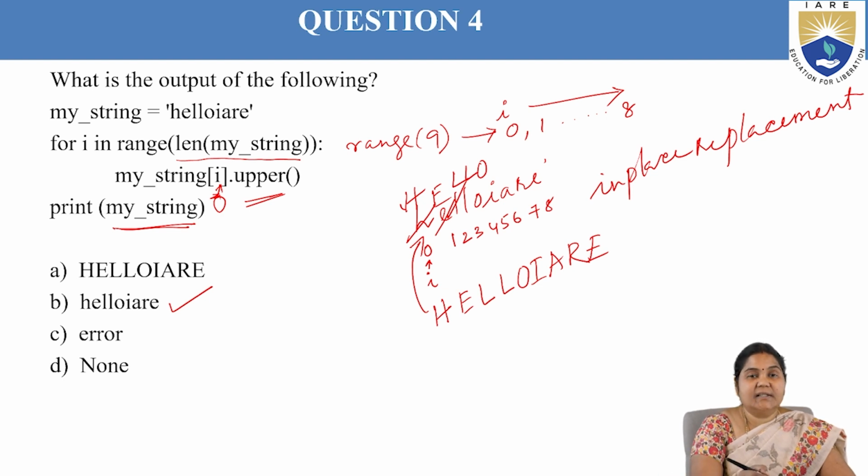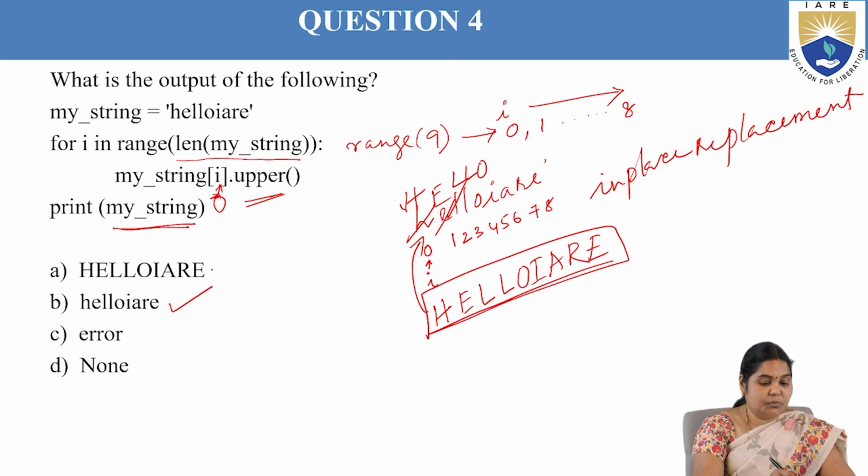So originally the string contained lowercase hello IARE, and the output will not be capital letters. Error will not come. It's absolutely proper syntax. So hello IARE is the correct output.